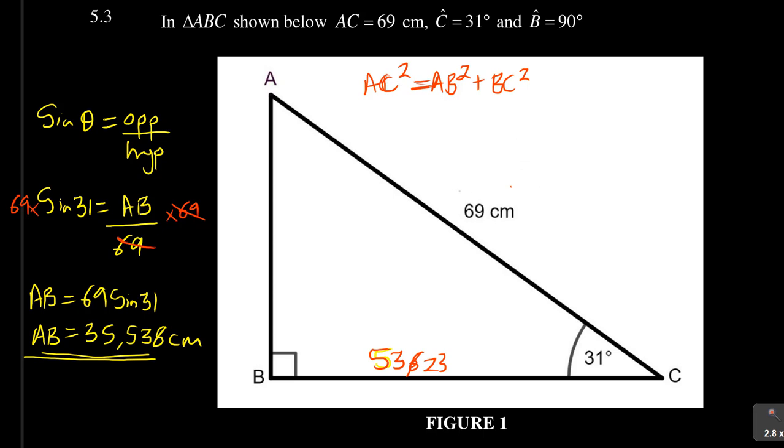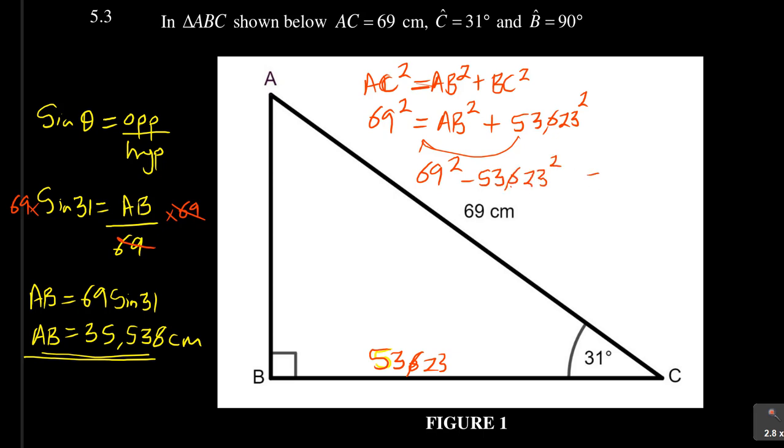Now you know your AC, which is 69 squared, is equal to AB squared plus BC, which is 53.623 squared. Then take that to the other side, which is 69 squared minus 53.623 squared is equal to AB squared.